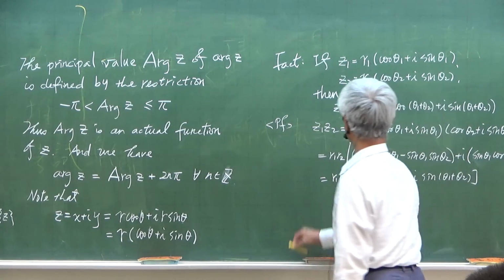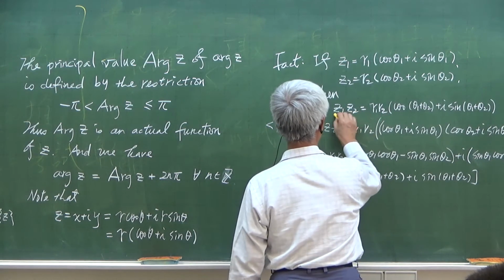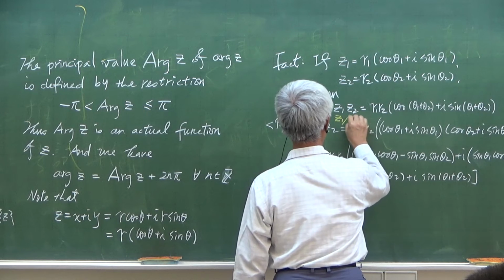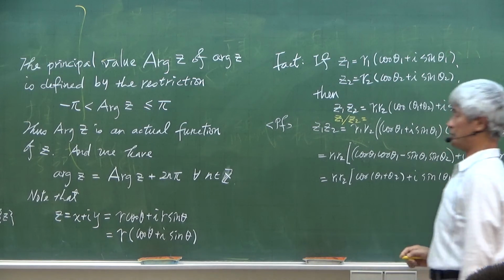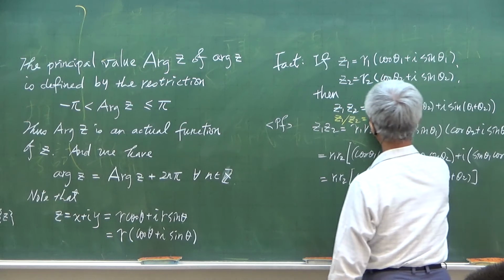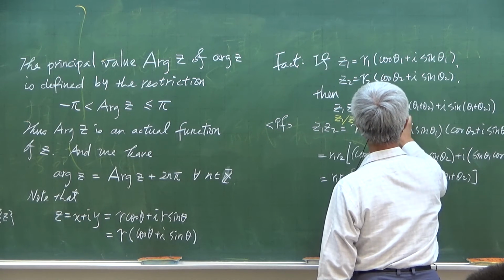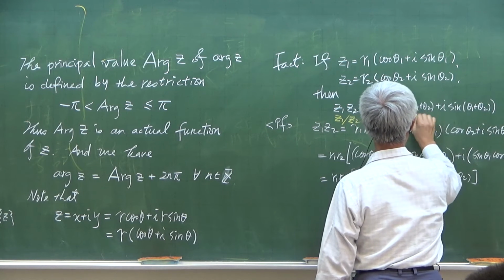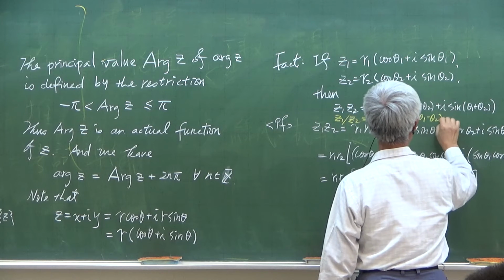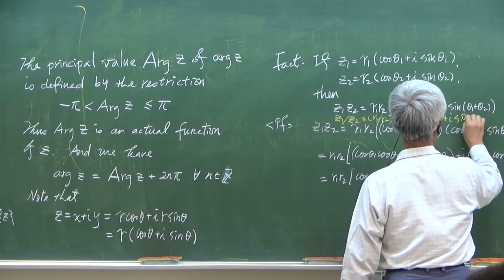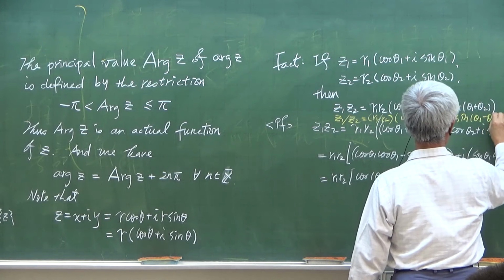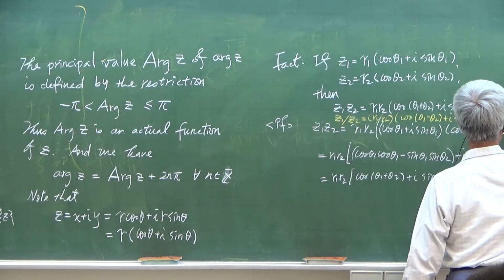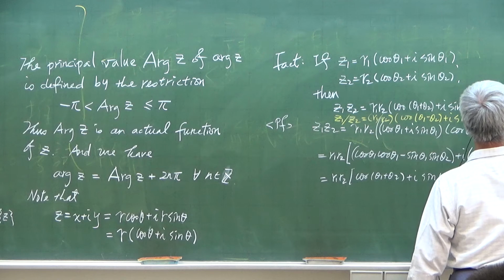How about the other? If it is the ratio, then the ratio becomes R1 divided by R2, times cosine theta 1 minus theta 2, plus I sine theta 1 minus theta 2, if Z2 is not equal to 0.